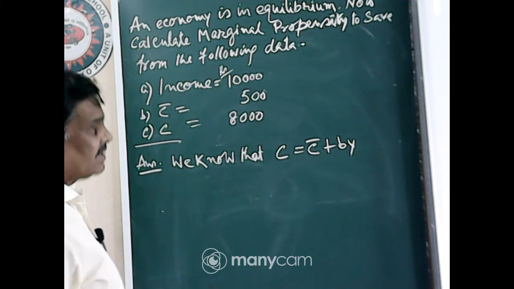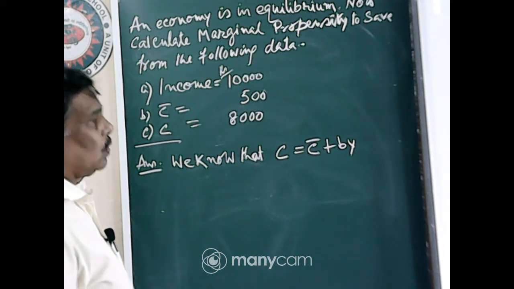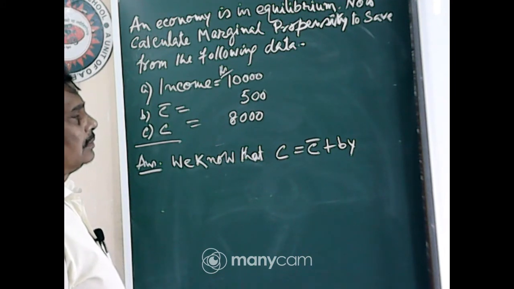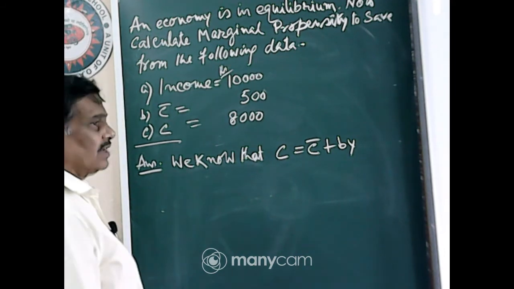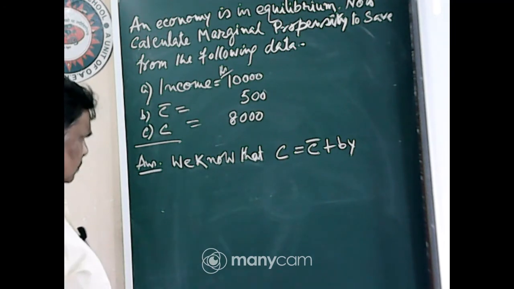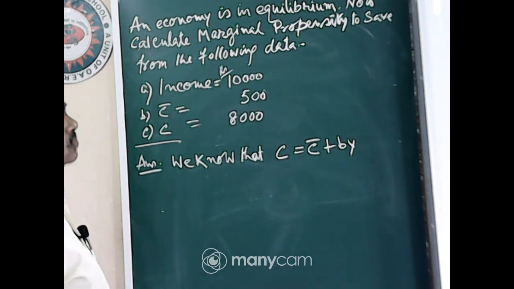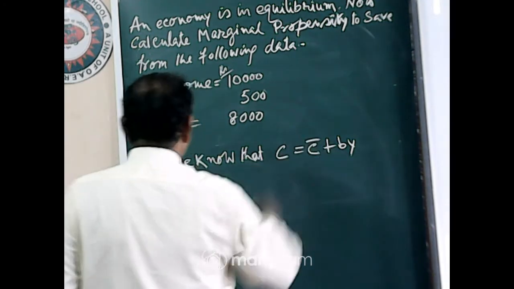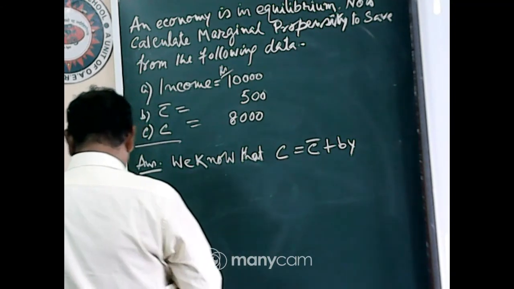Even if his income is zero, he consumes something in order to survive in this world. So this is called autonomous consumption, without which no person can survive in this world.